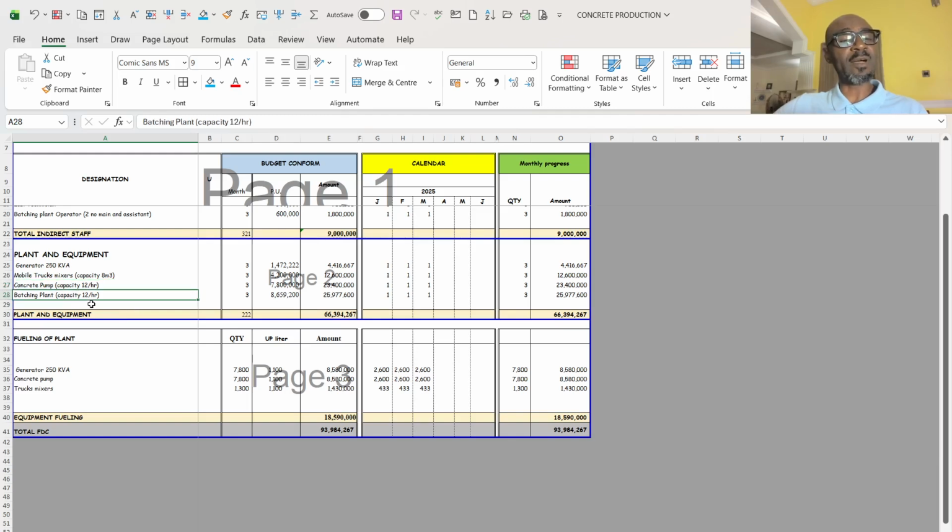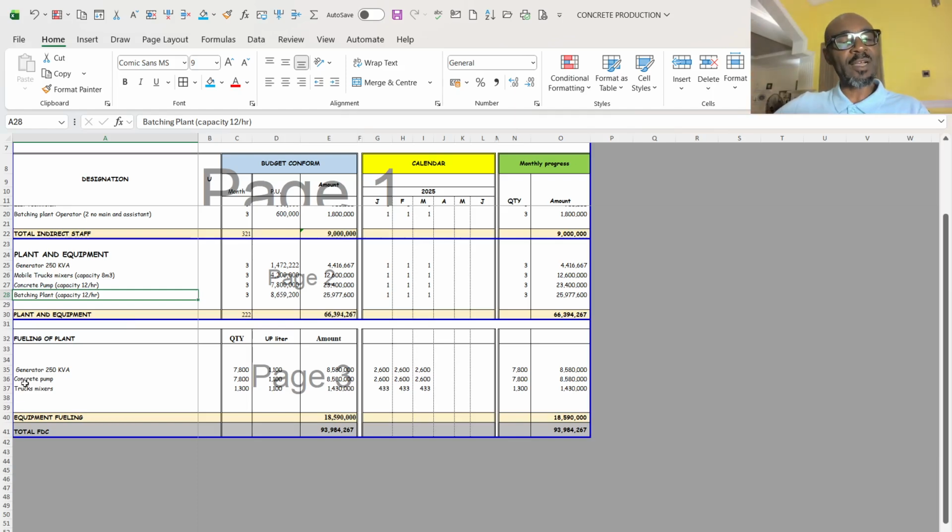Then I now have the concrete pump that will pump it in case the concrete mixer cannot get to the exact location where I needed to place the concrete. I needed the aid of a pump to take it to that location.